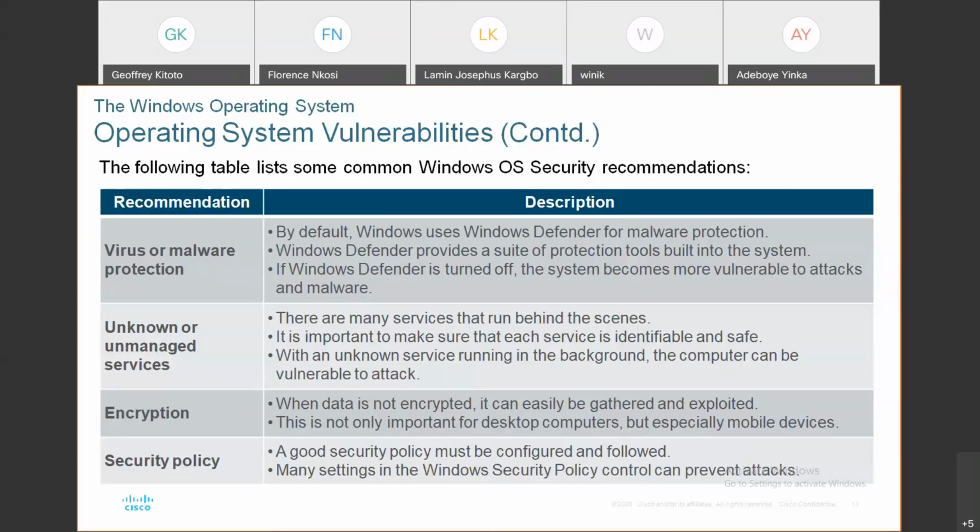In your place of work, your company, your institution, your organization, there must be a security policy in place that guides everyone there. Many settings in the Windows security policy can prevent attacks, and you can also have a password policy in your place of work.